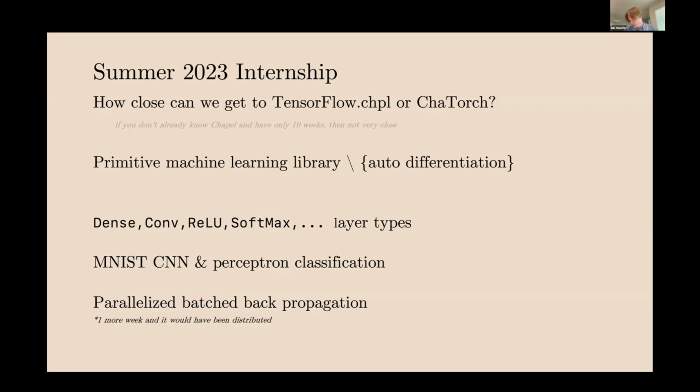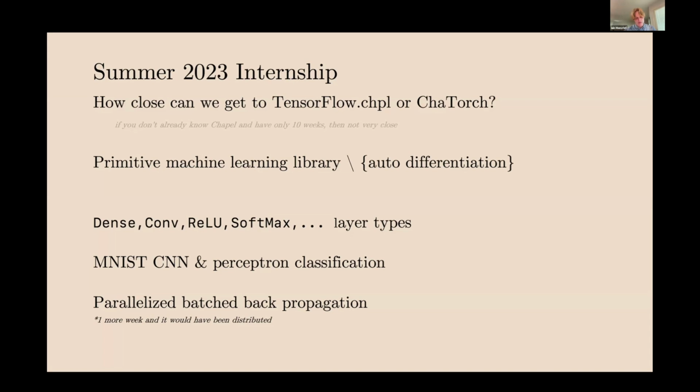In my library, I implemented a tensor utility library, kind of like a wrapper for Chapel's arrays. I tried to utilize as much as possible Chapel's parallel programming constructs, like using foralls whenever possible and foreach loops.